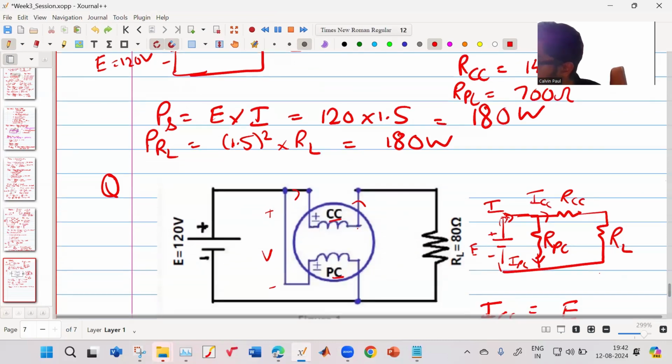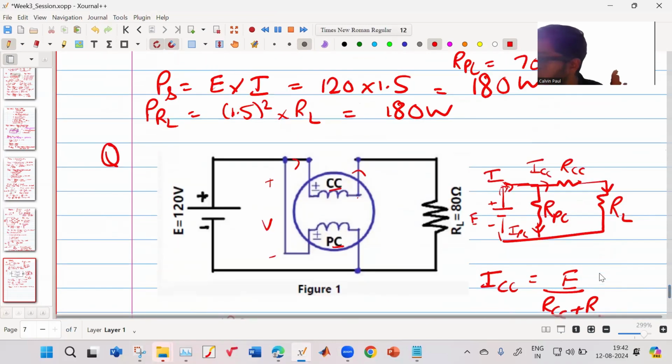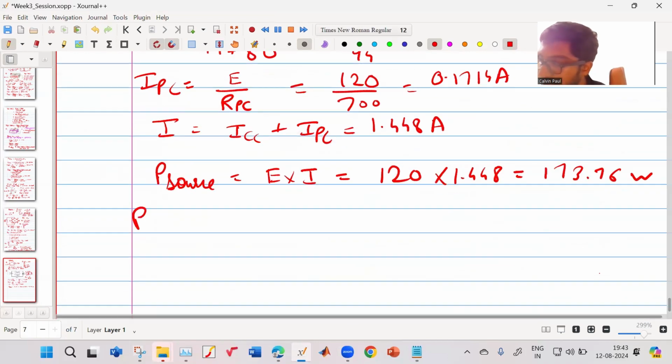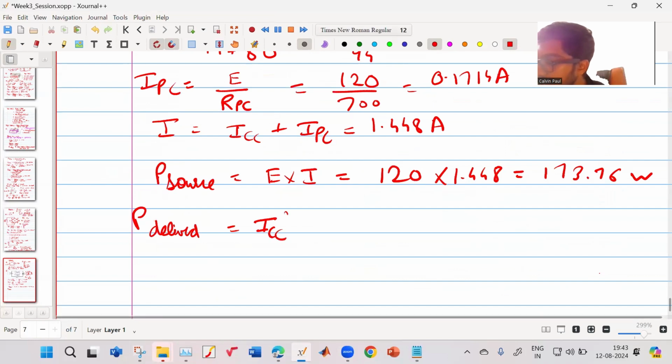Now, how much is the power delivered to the load? It is a resistor, it will consume power. So that is the square of the current into the load resistance. So power delivered to my load is actually ICC square into RL.